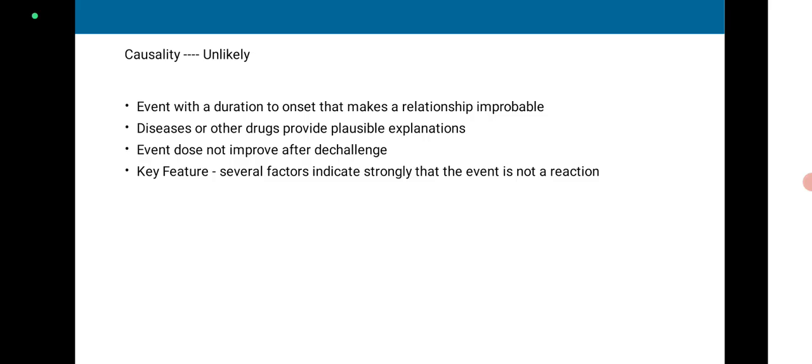The next causality is unlikely. This is an event with a duration to onset that makes a relationship improbable. Diseases or other drugs provide plausible explanations, and the event does not improve after de-challenge. The key feature of unlikely causality is that several factors indicate strongly that the event is not a reaction.